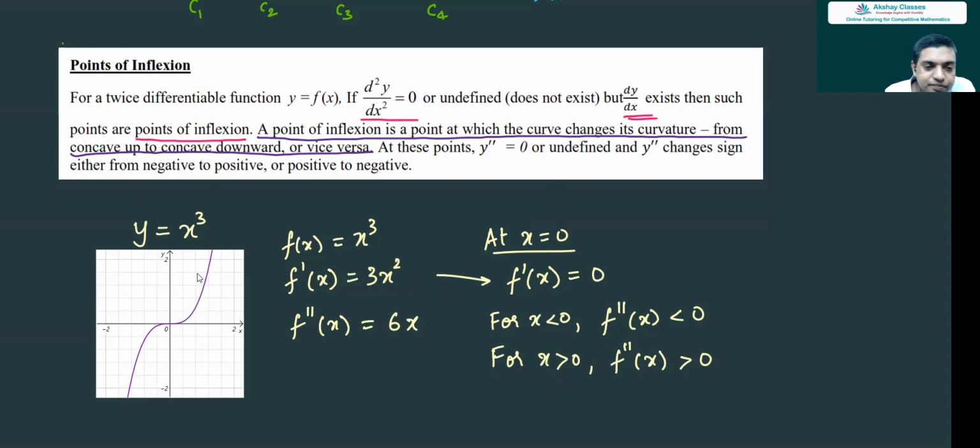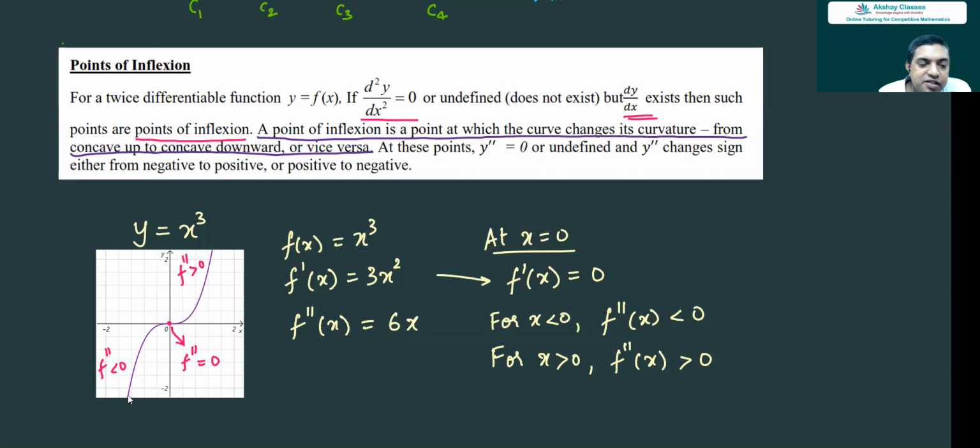So you see here, in this portion f double dash x is greater than 0. For this portion, f double dash x is less than 0. And at this point, f double dash x is equal to 0. So this point is called the point of inflection.